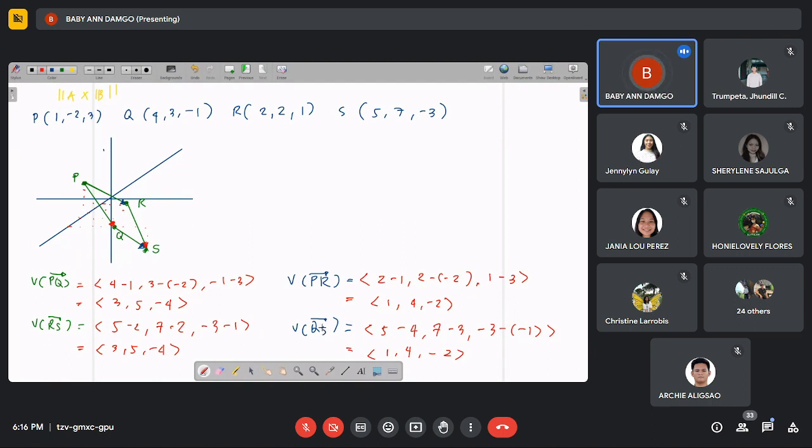Okay, so therefore, the points PQRS form a parallelogram. Next, we need to show the area of the parallelogram. From the definition, the area is the magnitude of A cross B.